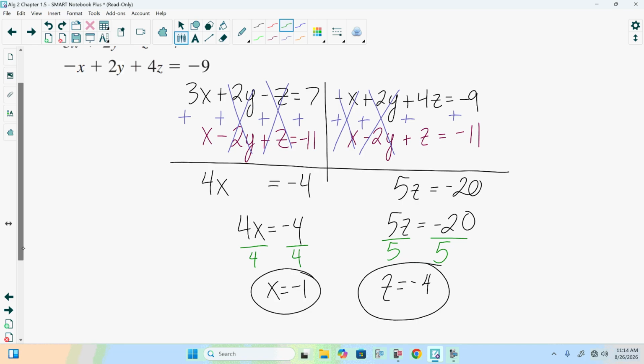Because we could put it in, but we do need to solve. And when I say solve, instead of leaving it as negative 1 plus 2y plus 4z, I would need to move this to the other side first. So we'd have our positive 1 minus 1.